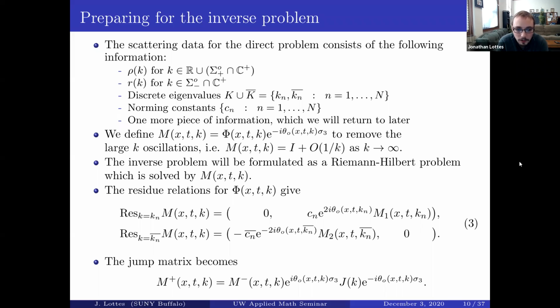And so we're going to formulate the inverse problem as a Riemann-Hilbert problem, which has this matrix M as a solution. And so to do that, we'll just translate those residue conditions that I stated for phi into residue conditions for M, which is simple enough. We just pick up some exponentials. And same thing with the jump condition, translate that jump relation for phi into a jump relation for M. Again, we just pick up some conjugation by exponentials.